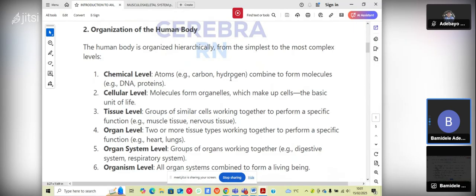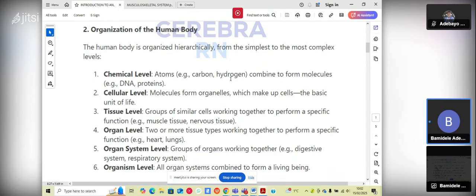Then we have the tissue level. Tissue levels are just groups of cells that work together and perform a specific function. That is why we have muscle tissues and nervous tissues. In the muscle tissue, all the cells come together to perform a specific function, and they act as a muscle.